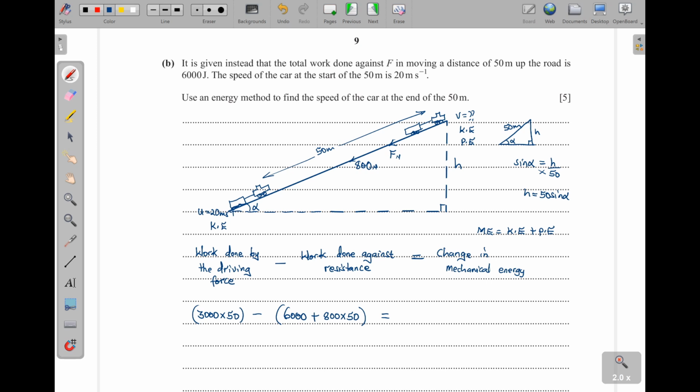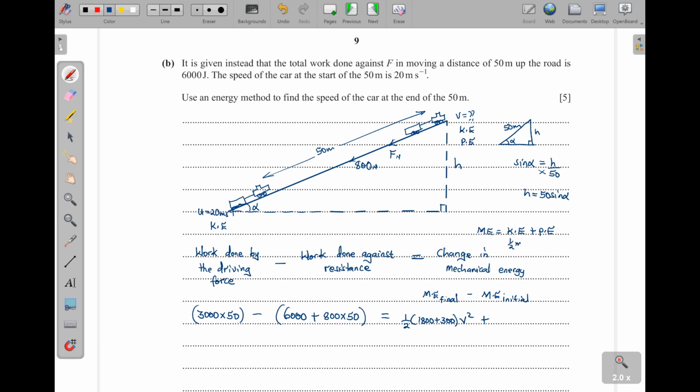You get mechanical energy final minus the initial mechanical energy. So the final is here. We are having kinetic energy, which is given by a half mv squared. So now we take this as one particle. We add the masses, okay? 1800 plus 300. The velocity we don't know. It is the one that we are looking for, okay? Then plus the potential energy. What is the potential energy here? Potential energy is mgh.